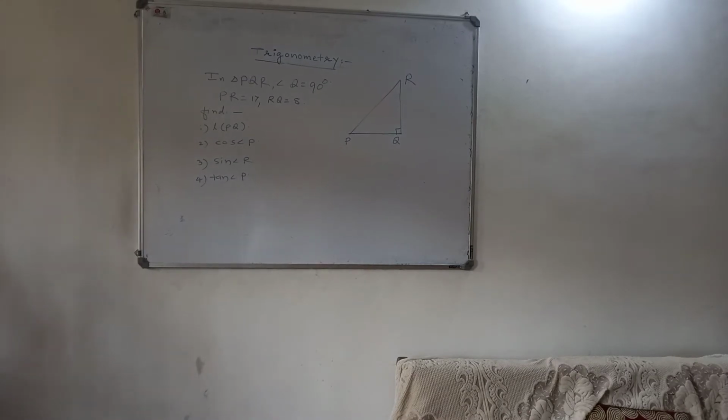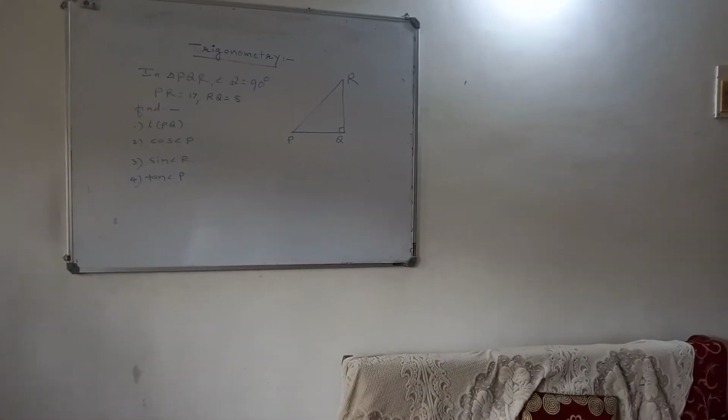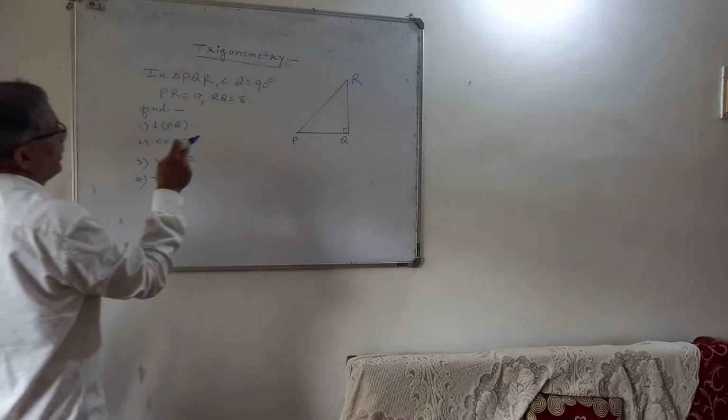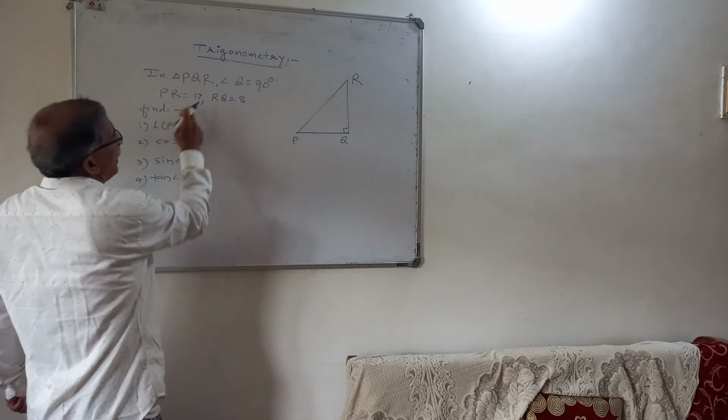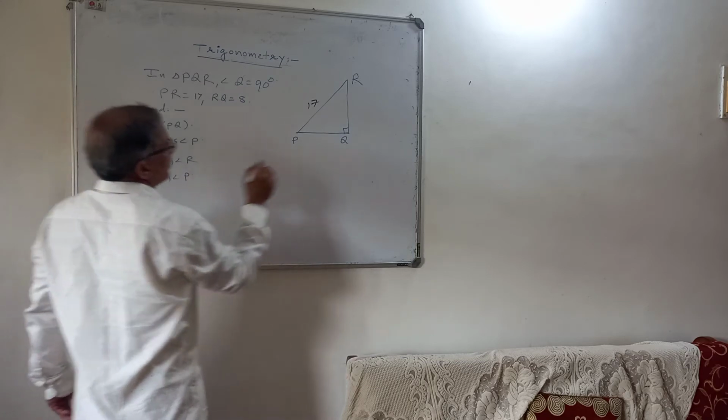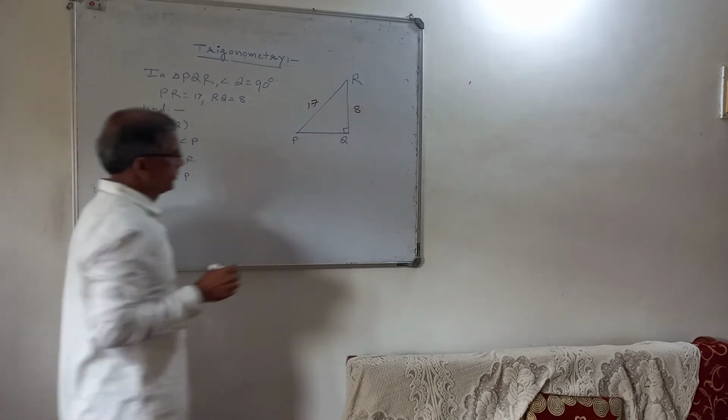Okay. Now, you substitute in triangle PQR, angle Q is 90, PR is 17. So here it will be 17. And RQ is 8.